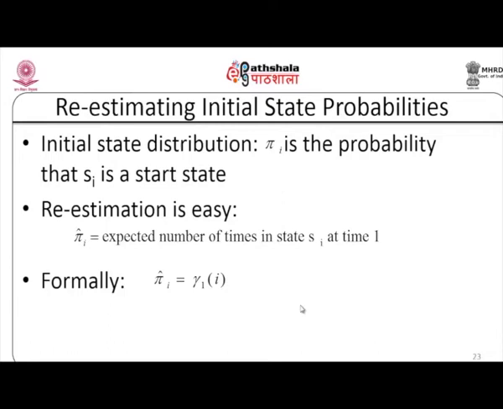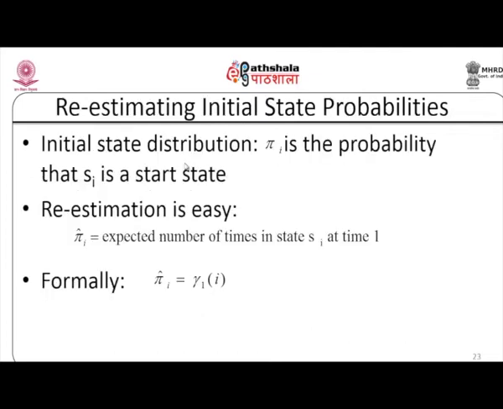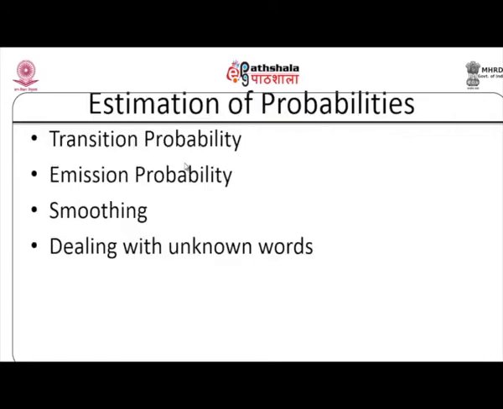That is defined as pi of i equal to gamma 1 of i. Here we just take one time step because we want it to be at the initial. So, just take it as 1 and see what happens. That will give you this value. Now we have re-estimated the transition probability and the initial probability.